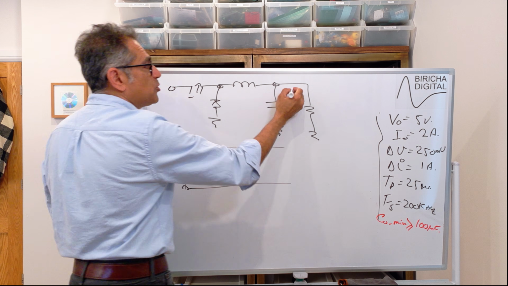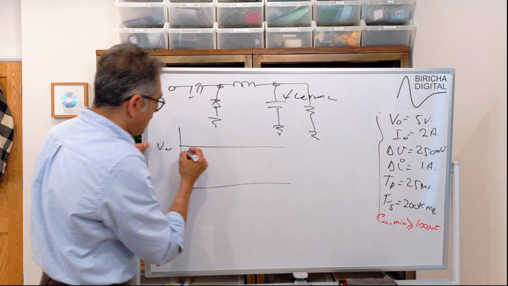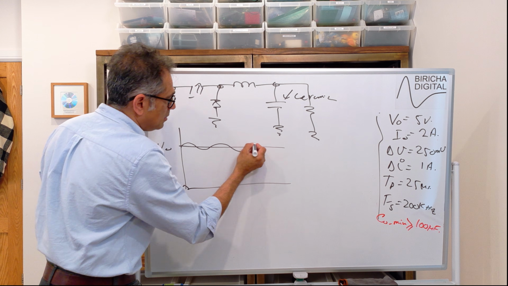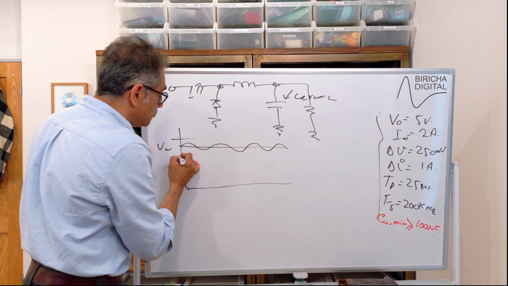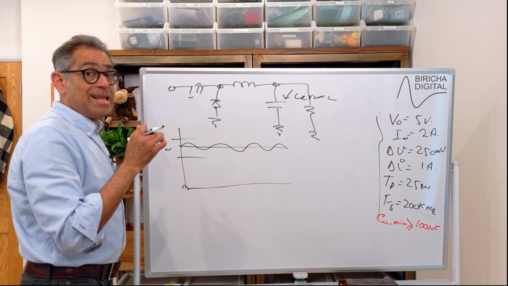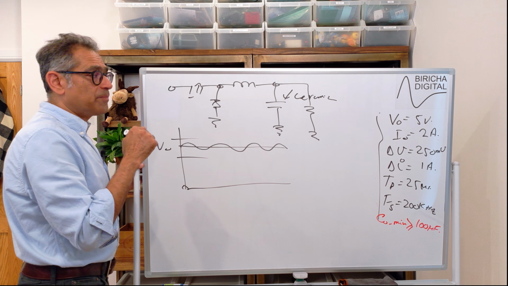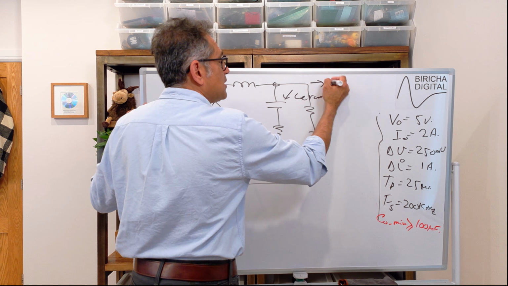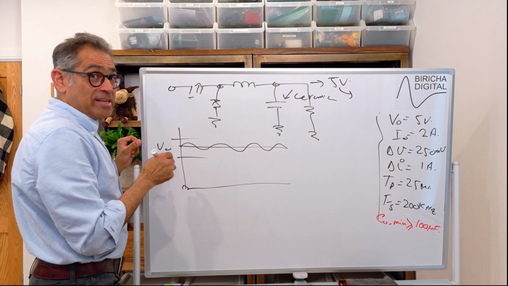And if this is predominantly ceramic, or let's say film, the ripple actually looks a little bit like this at the switching frequency. And I want to reduce this below a certain level that is specified in the data sheet. I beg your pardon, in the specification. So again, if I have for simplicity a 5-volt power supply, this is almost always specified.